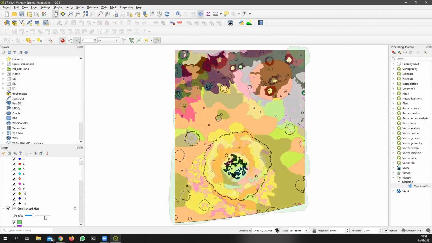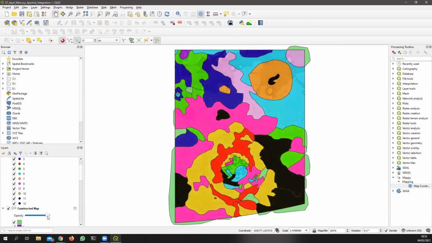But once you have the spectra, you see a lot more colors. And what I think is interesting is that both the plains inside the crater and outside the crater are actually the same kind of material, which could indicate that part of the impact melt has been transported out of the crater. Yeah, that's one interesting thing.